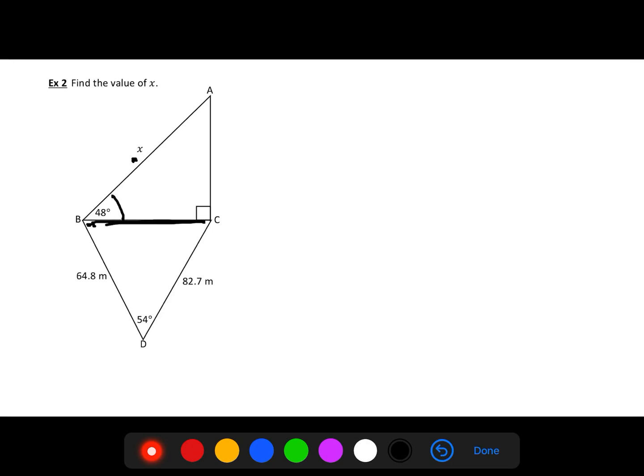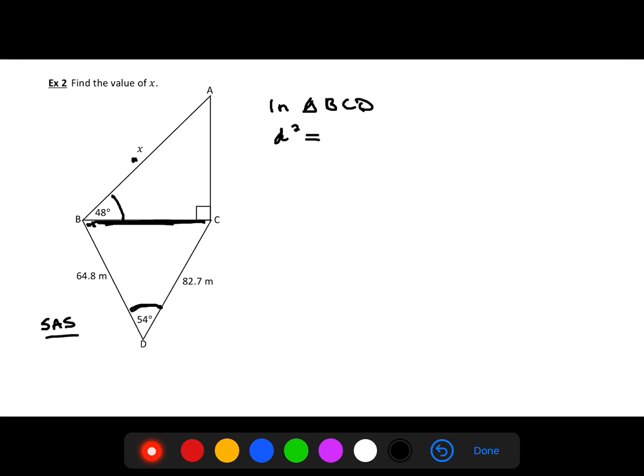So now we're going to look at our other triangle, triangle BCD, to see if there's anything that we can find. We notice that we have a common side. Remember we want to be very specific about which triangles we're working with. In triangle BCD, we want to find side D. We do have the angle, but notice we have side, angle, side in our non-right angle triangle, or our oblique triangle.